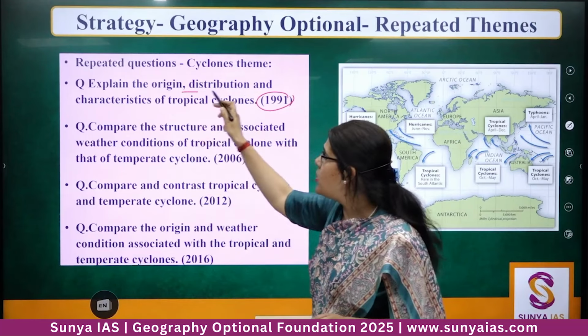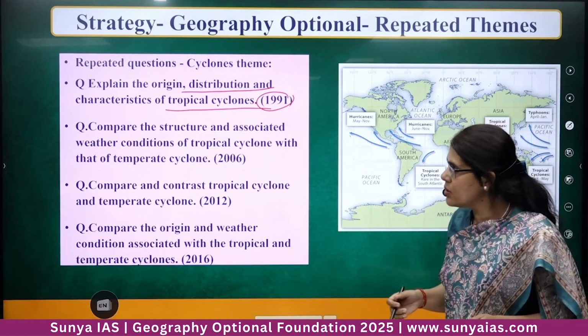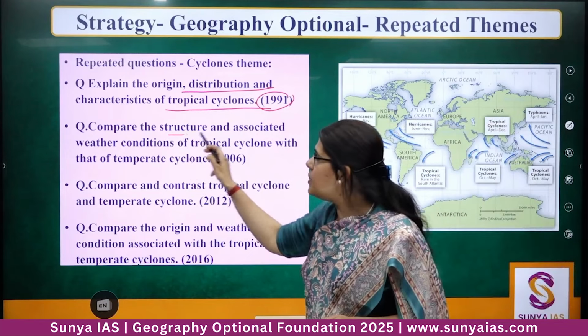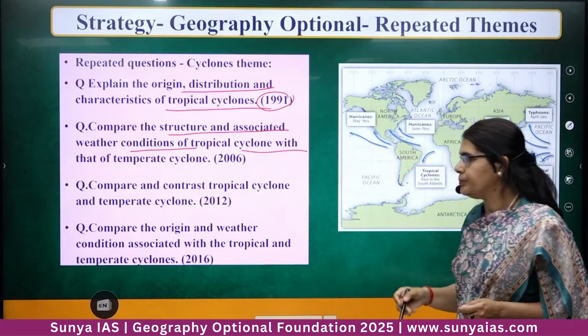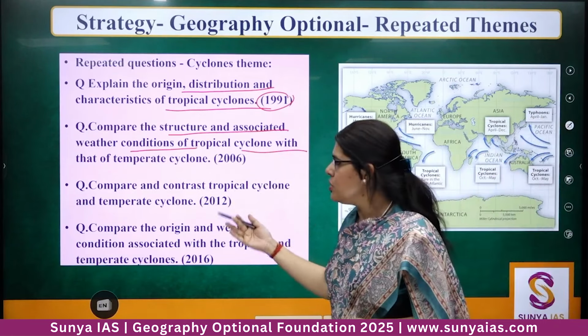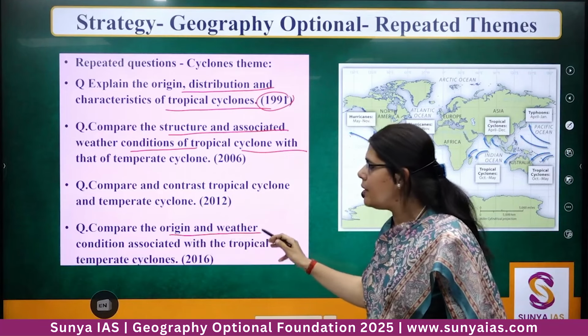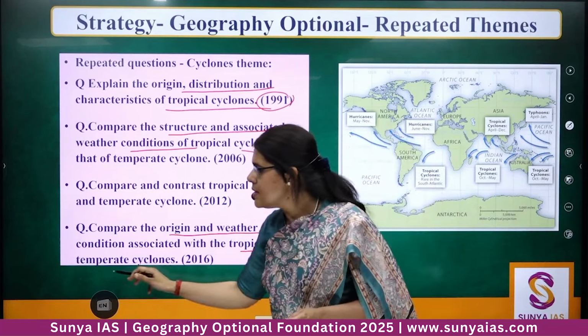So explain the origin, distribution and characteristics of tropical cyclones. Then compare the structure and associated weather conditions of tropical cyclones with that of temperate cyclones. Similar question. Then compare the origin and weather conditions which are associated with the tropical and temperate cyclones.